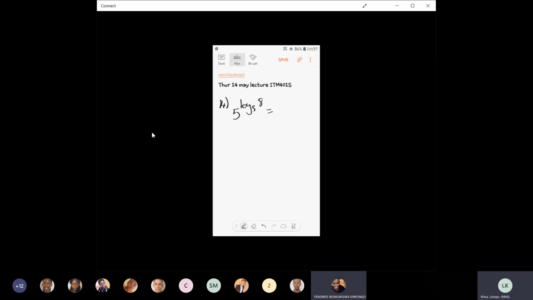Now this one, we just need to use the law that says if I have a base raised to an exponent which is a logarithm, and it happens that the base over here is the same as the base of the logarithm, then the answer is just equal to the argument of the logarithm.